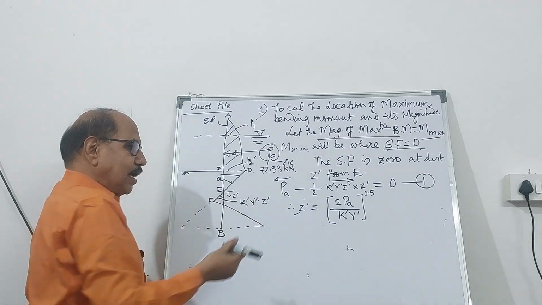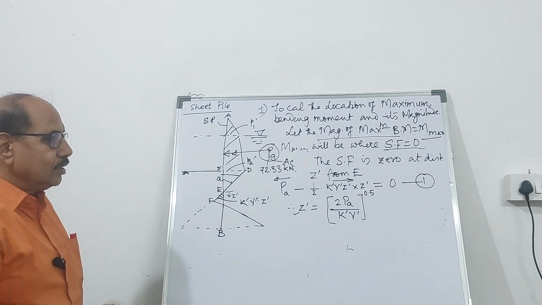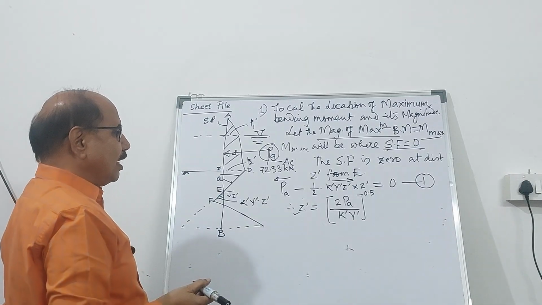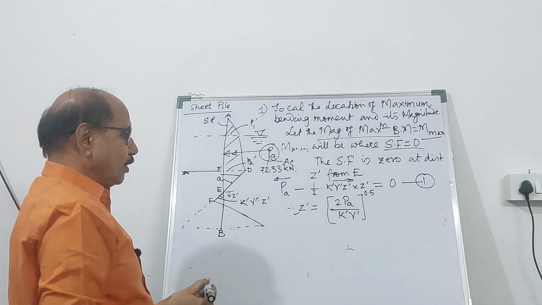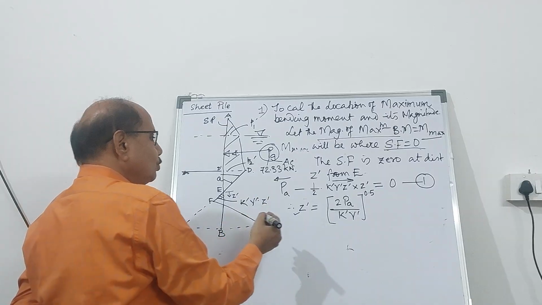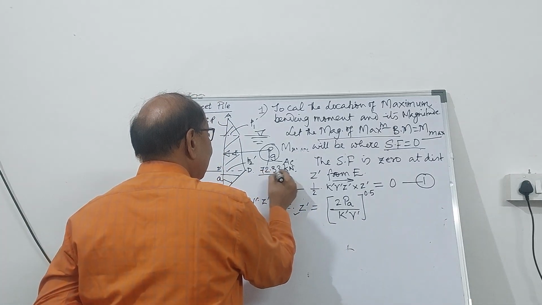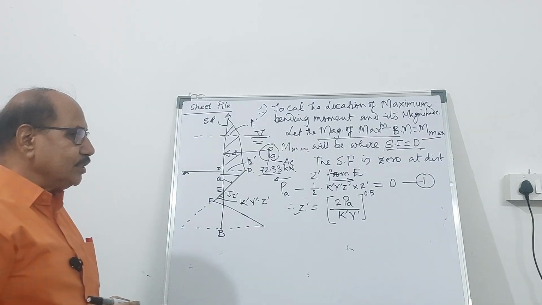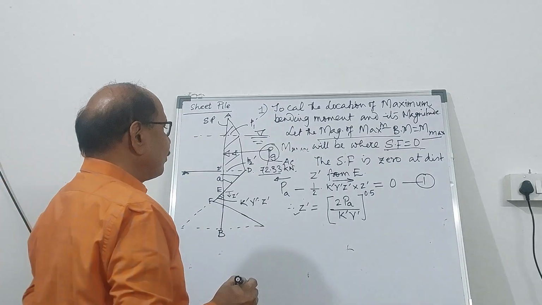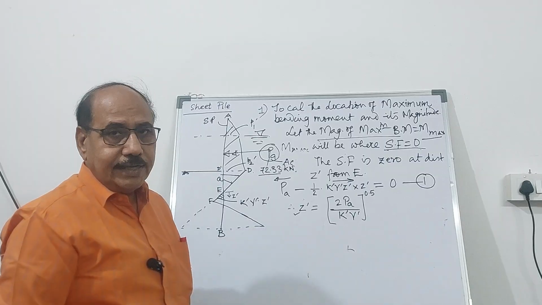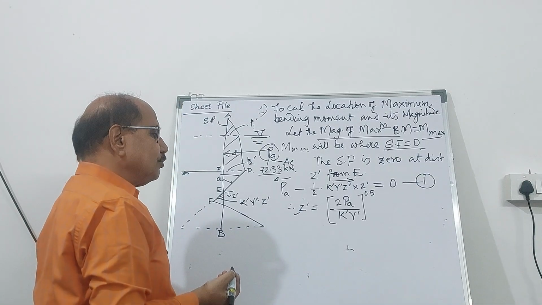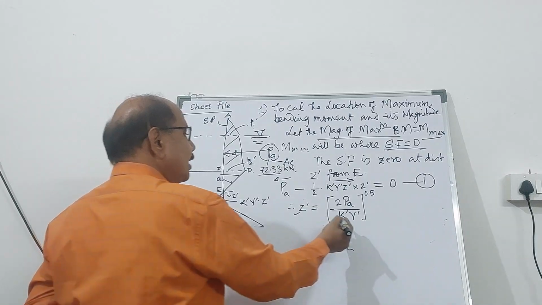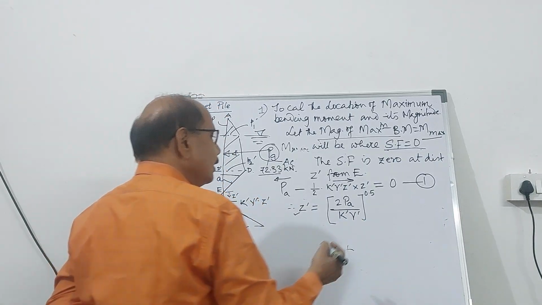So Z prime is given by 2 times PA divided by K prime gamma prime raised to power 0.5. Now PA is already known to us, 72.33 kilonewton per meter. K prime is 2.67 for phi prime equal to 30 degree. In the last video, I have shown you. Gamma prime is also known to you as 10.19.